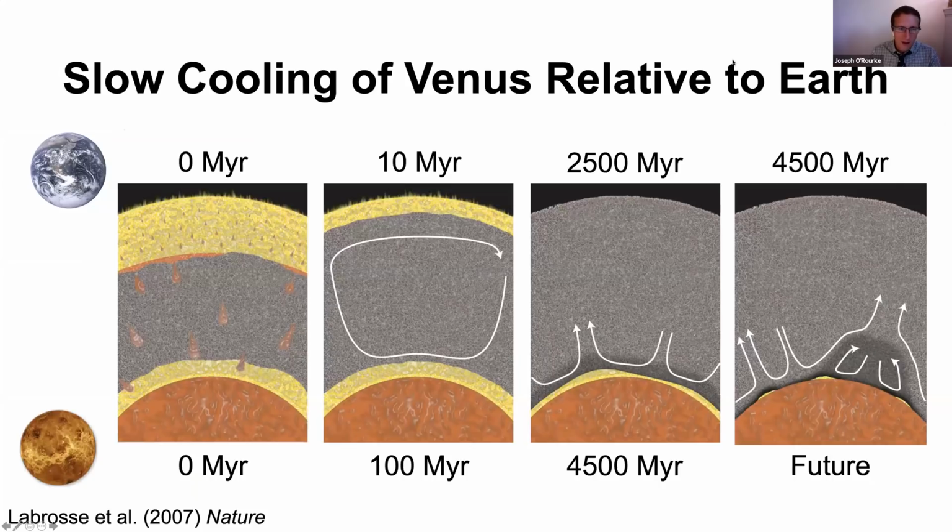When planets form, especially bigger terrestrial planets like Earth and Venus, they start out pretty hot. And there's actually enough heat in the formation of an Earth-sized or a Venus-sized planet to melt the entire mantle. It's not clear that Earth's entire mantle was molten when it formed, but it's quite plausible. And it turns out that if you look at the melting curve of Earth's mantle, it changes dramatically based on pressure.